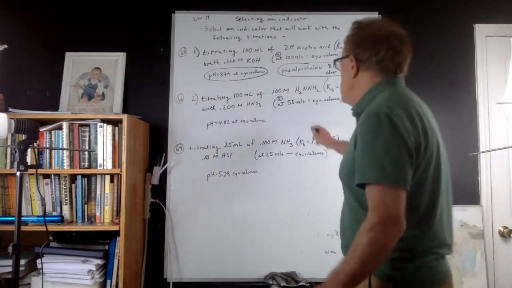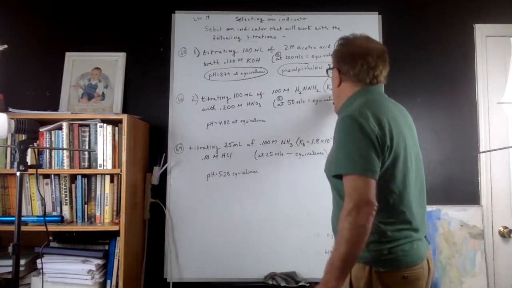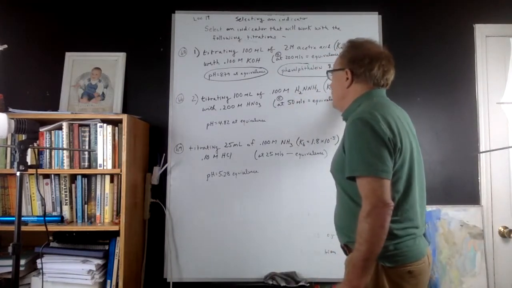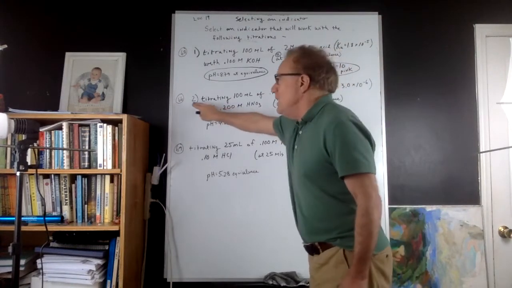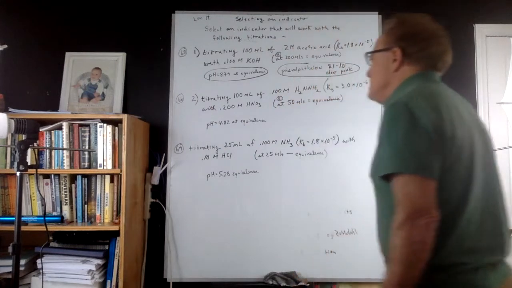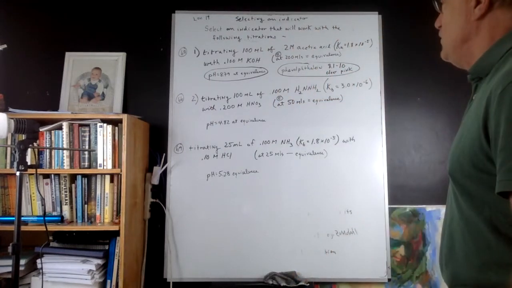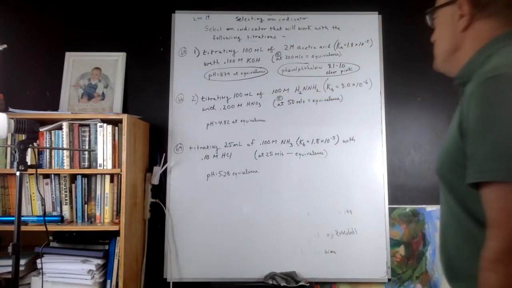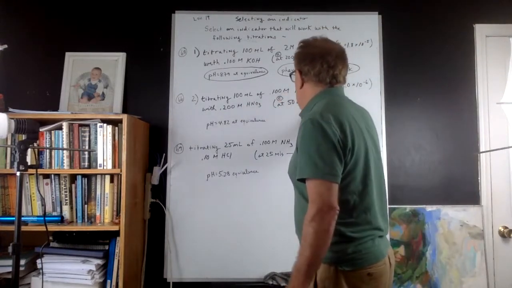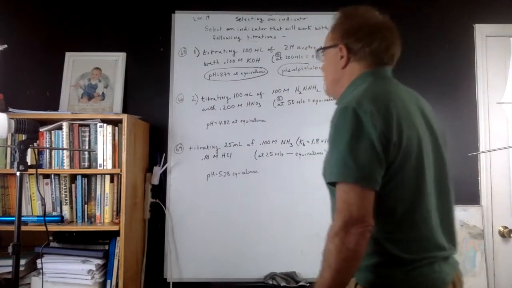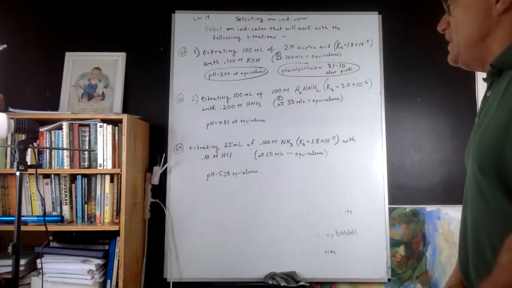This is a base, and it has a Kb of 3.0 times 10 to the minus 6, titrated with 0.20 molar HNO3. This is from problem 66. 50 mL of this reaches equivalence, and you have a pH of 4.82 at equivalence.